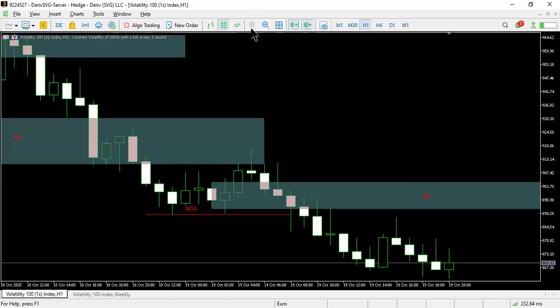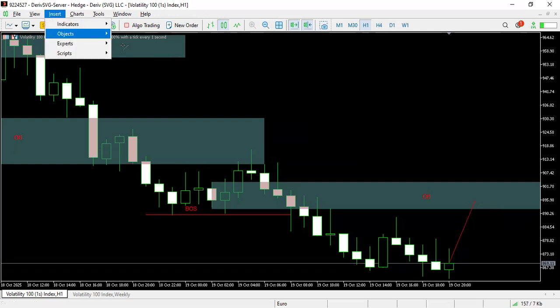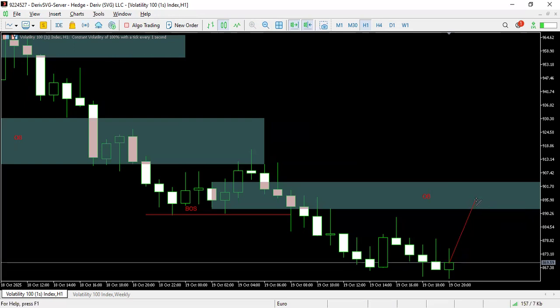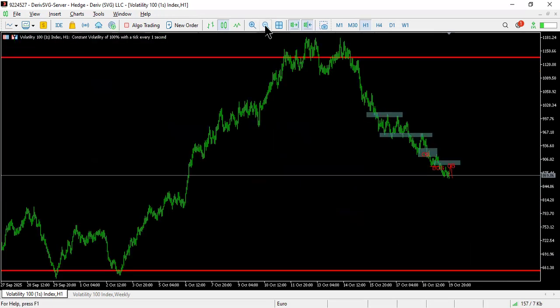Therefore, we are going to be waiting for price to go and retest, mitigate our order block, and then continue shooting down because the overall trend is bearish and we're anticipating for price to drop until that level.